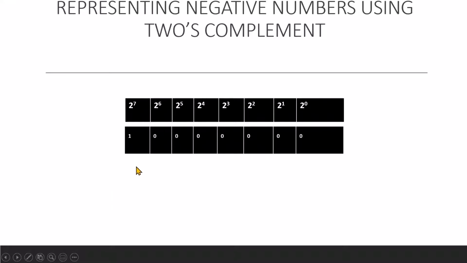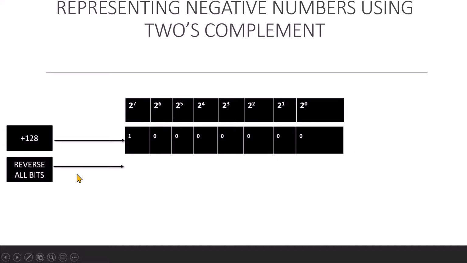But coming now to our example, we have 8 bits here, which is of course a character type. Considering it's unsigned, the value will be positive 128. Now to find the negative of this, what computers do is they reverse all the bits.